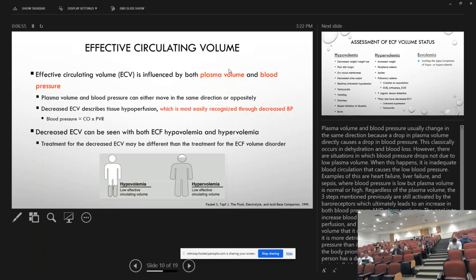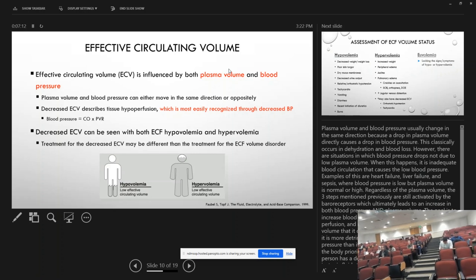So your effective circulating volume is influenced certainly both by your plasma volume and your blood pressure. Plasma volume and blood pressure can either move in the same direction or opposite. And then a decrease in ECV describes tissue hypoperfusion, which is most easily recognized by a decrease in blood pressure.